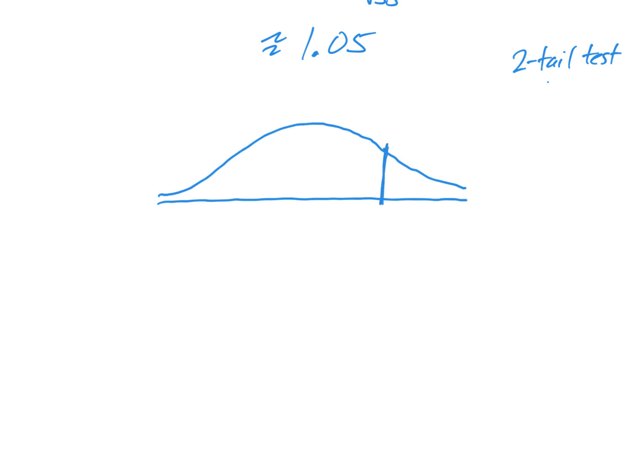So 1.05, I think, is about right here. But everybody, since it's a two-tail, we have to also test negative 1.05. So that means I'm looking for this percentage and this percentage, and our p-value will be them added together.